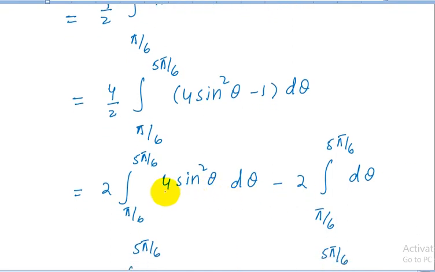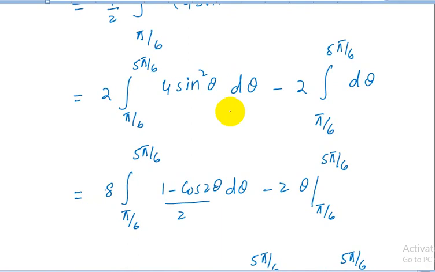Applying the integral on both terms separately, it becomes 2 times the integration of 4 sine squared theta minus 2 times the integration of d theta. Again, sine squared theta can be written as (1 minus cos 2 theta) upon 2, and the next term is minus 2 times the integration of d theta, which is theta.